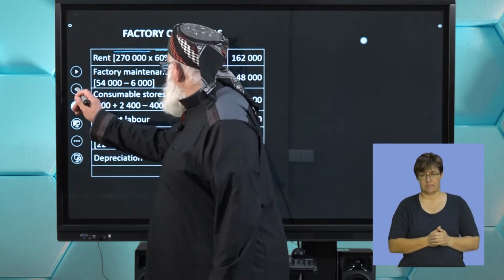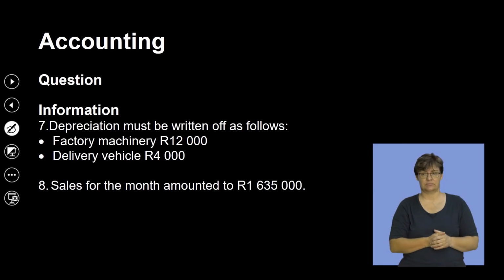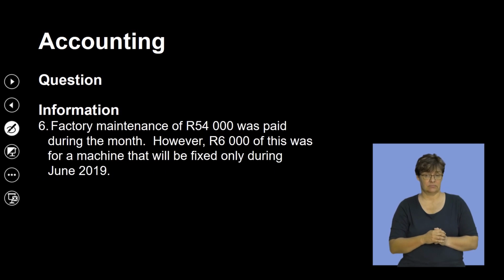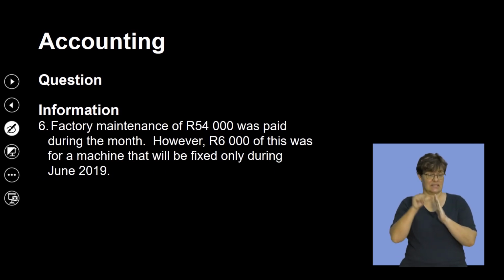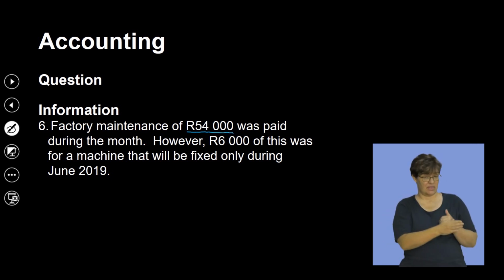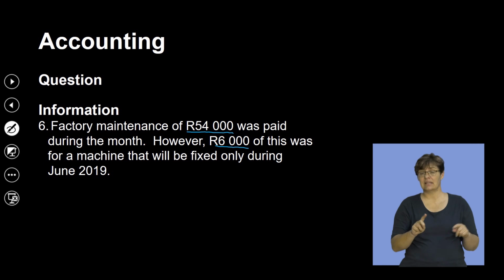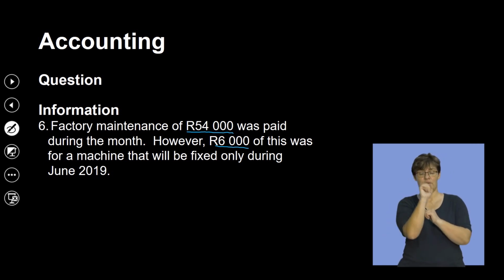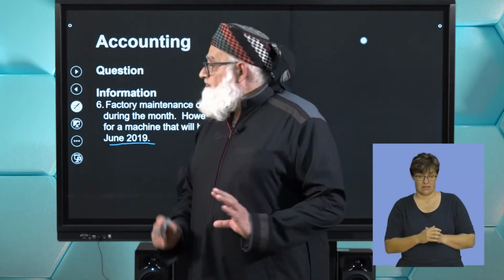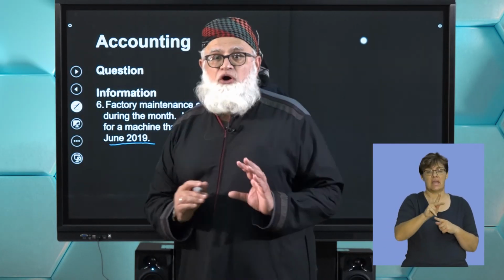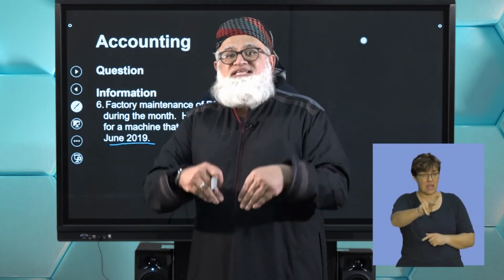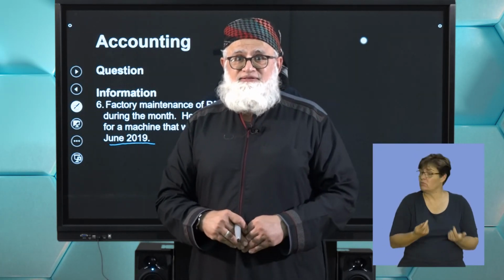Right, the next one, we are told here, is that factory maintenance of 54,000 rand was paid during the month. However, 6,000 for a machine that will be fixed only during June 2019. In other words, you've paid a total of 54,000 rand, but the 6,000 that you have paid is not for this financial year.